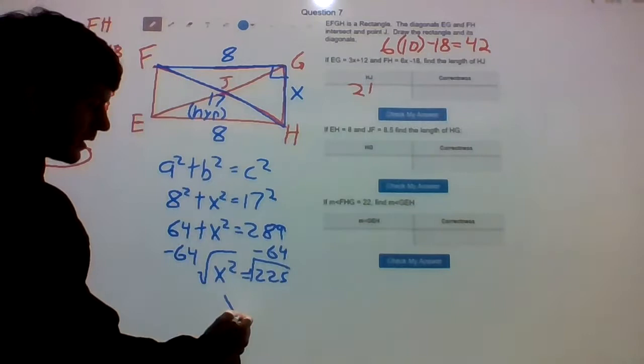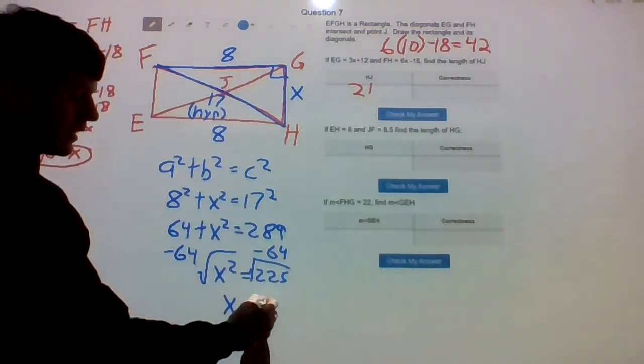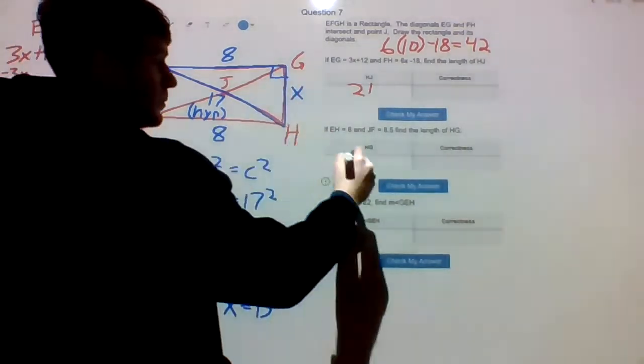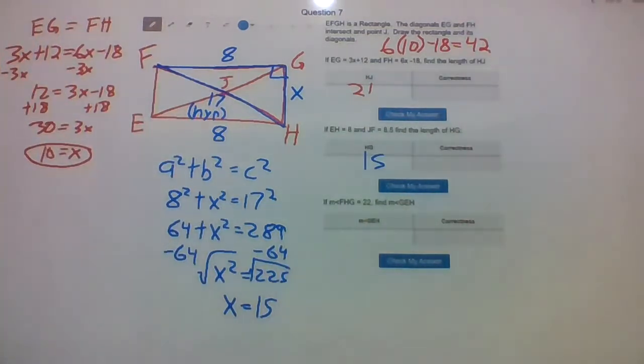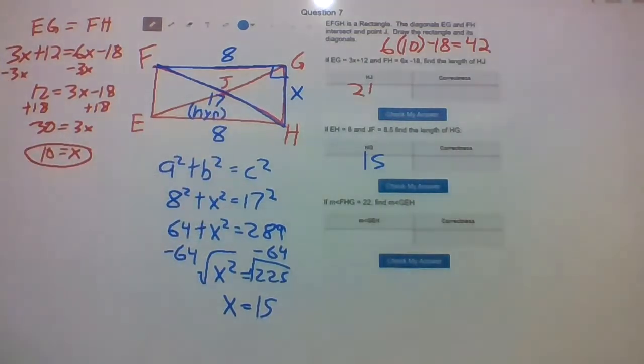So x is plus or minus 15, but since we're only dealing with a distance, we only want the positive. So positive 15. So HG here is going to be a positive 15. Okay, 8 squared plus 15 squared equals 17 squared.